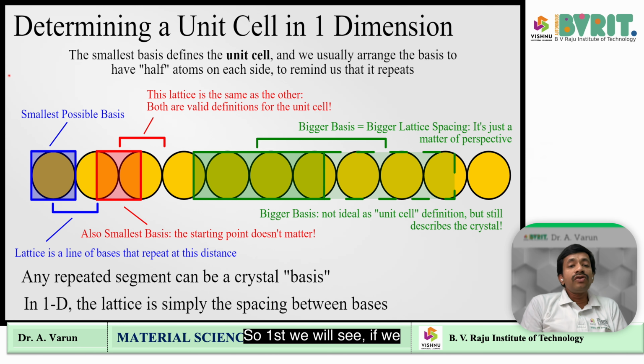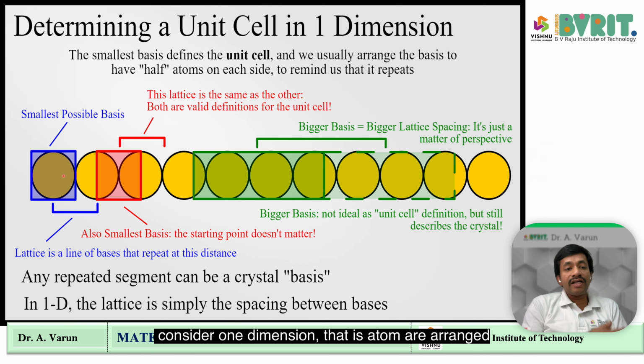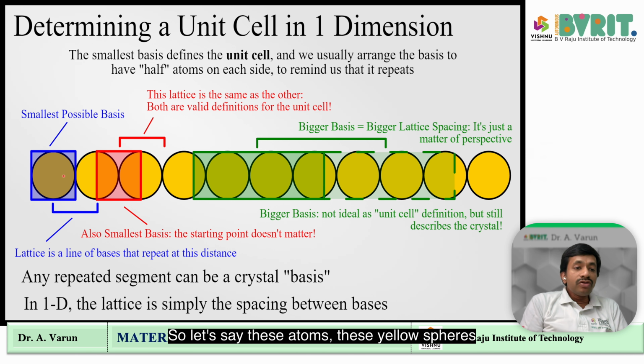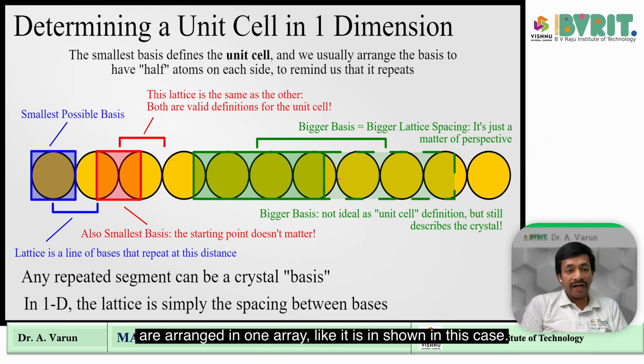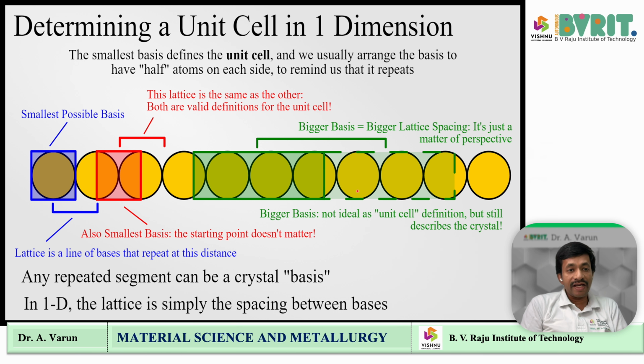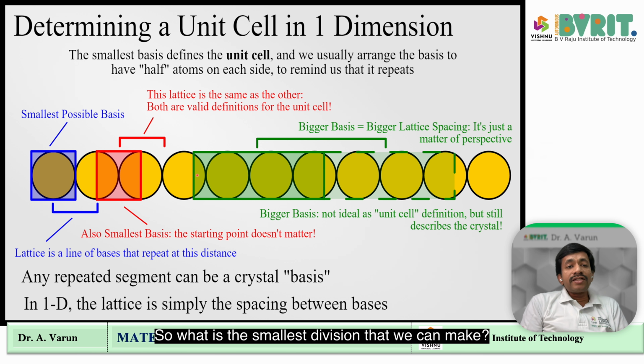So first we will see if we consider one dimension, that is, atoms arranged in a row or in a column, only in one dimension. Let's say these yellow spheres are arranged in one array, as shown in this case. What is the smallest division that we can make?